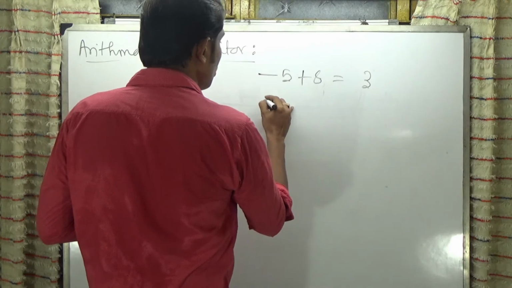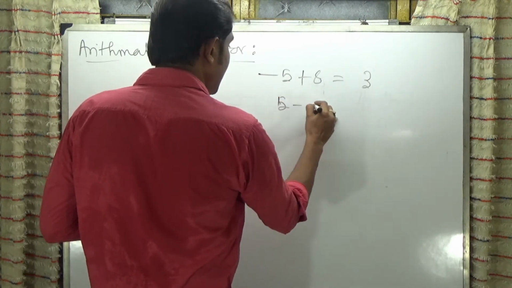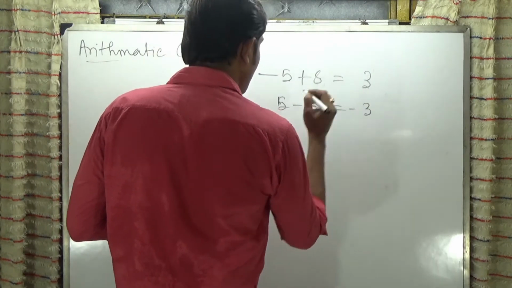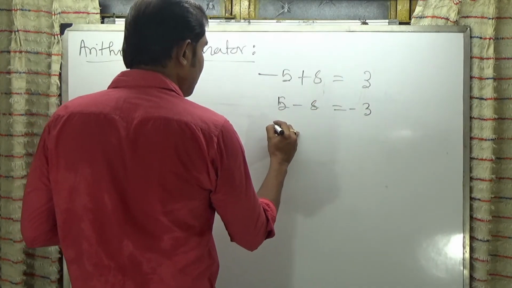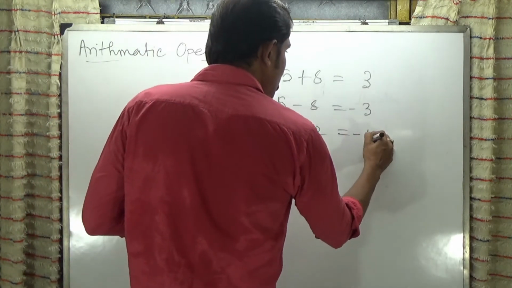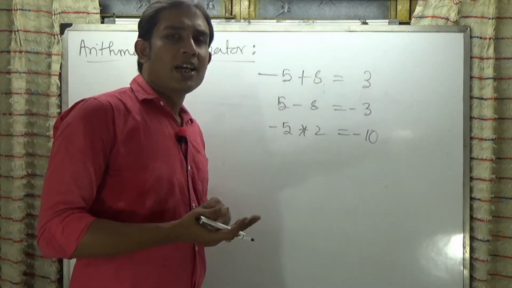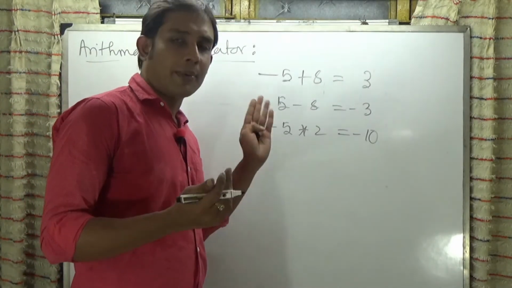If I subtract 5 minus 8, then the result is -3. Or if I multiply -5 into 2, the result is -10. So this works the same as what we learn in mathematics.